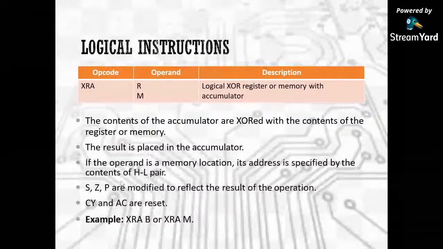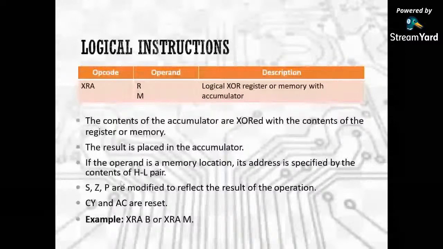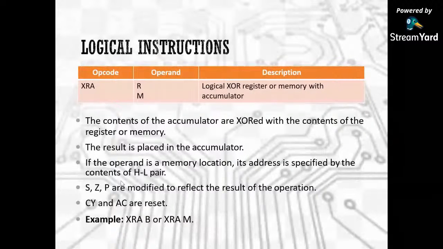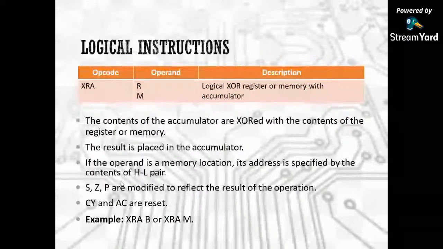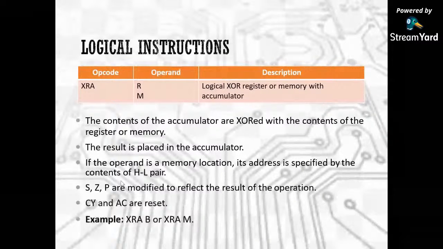We have XRA, where the operand, if it is a memory location, has its address specified by the content of the HL pair. S, Z and P, the famous flags for the logical instructions, will be modified to reflect the result of the operation.